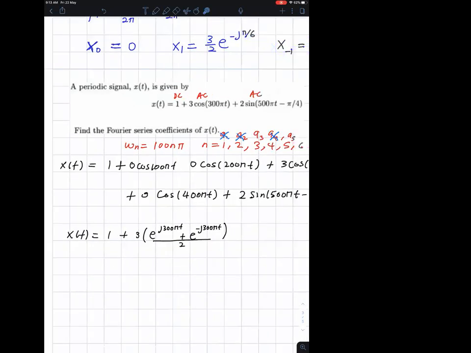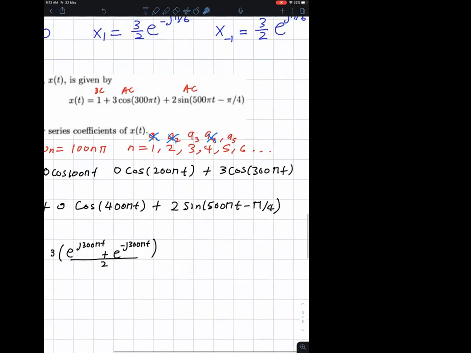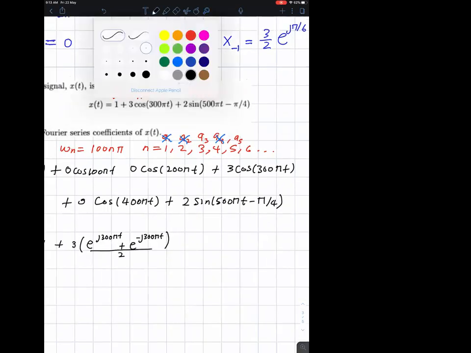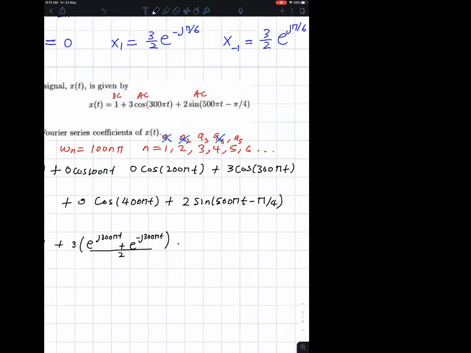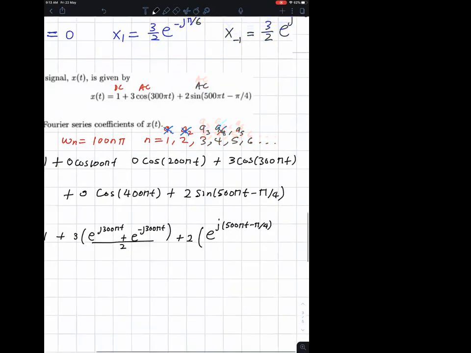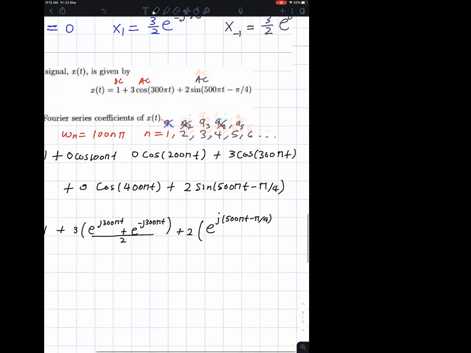Next, we will do it for this part here: plus 2 multiplied by e to the j minus pi over 4, plus e to the minus j.